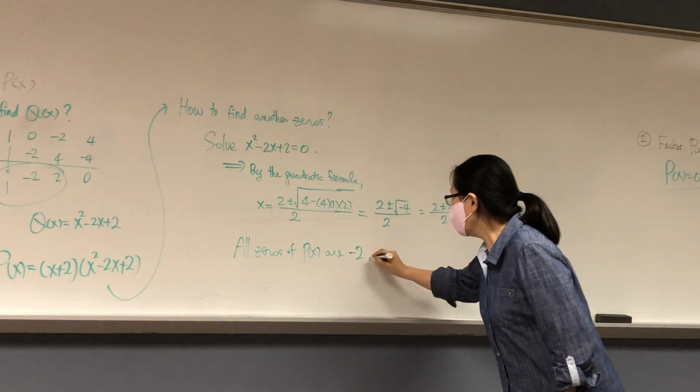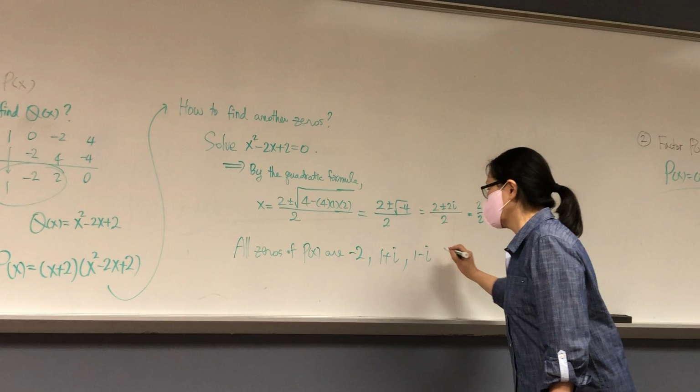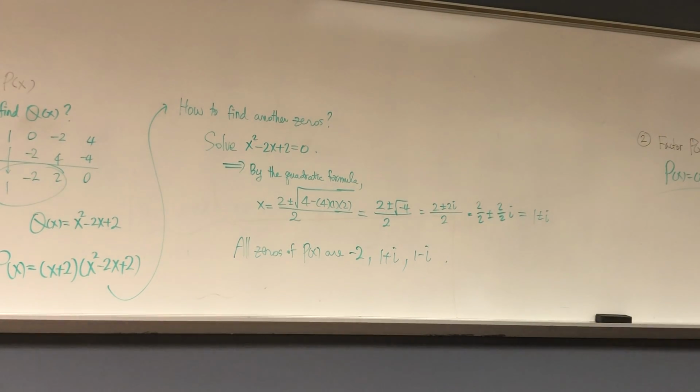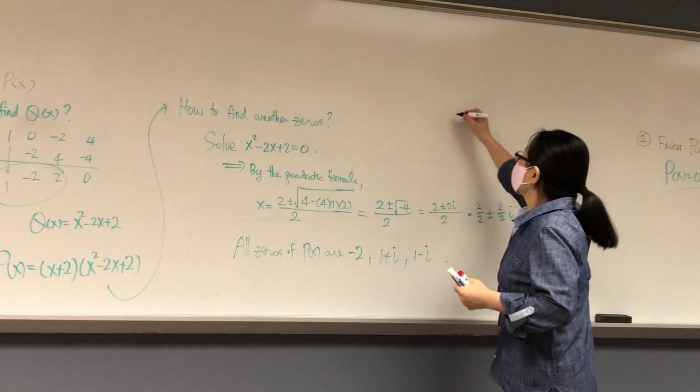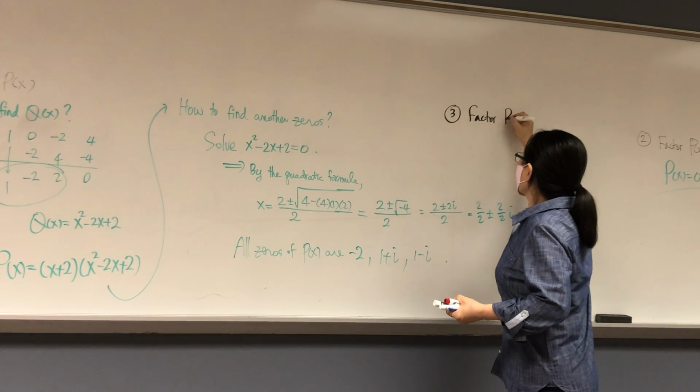Negative 2, 1 plus i, and 1 minus i. So all three you got. Good. Clear? And then the last question: factor P of x completely.